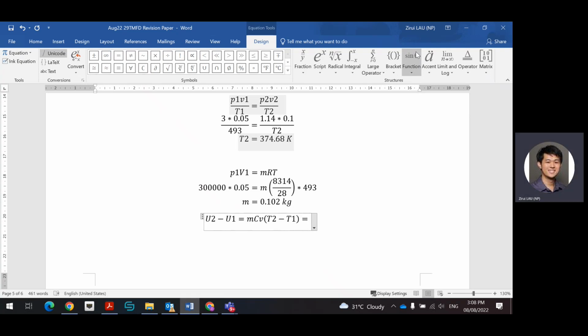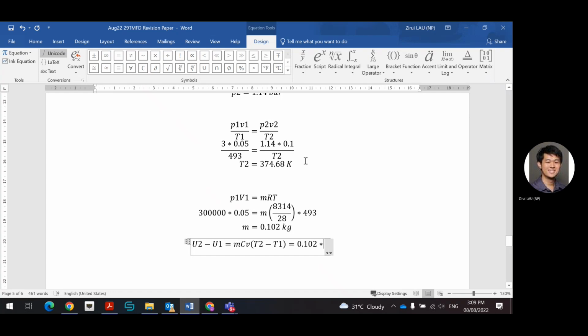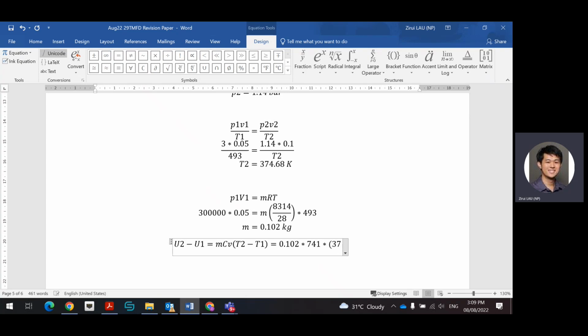So we have everything already, right? So I just sub in 0.102 times CV, which is how much? 741 times, what is T2? 374.68 minus, what is T1? 493.